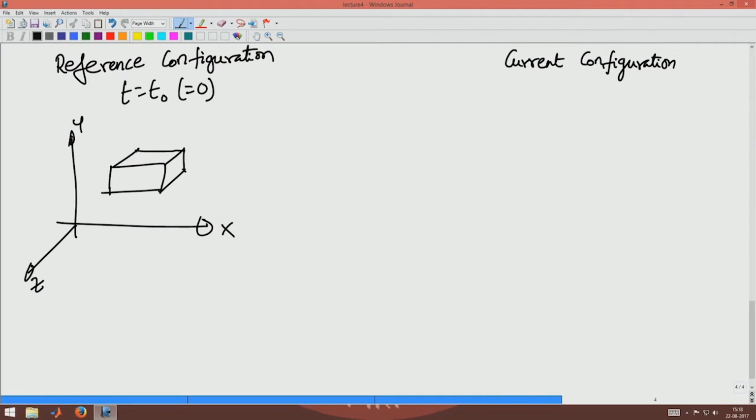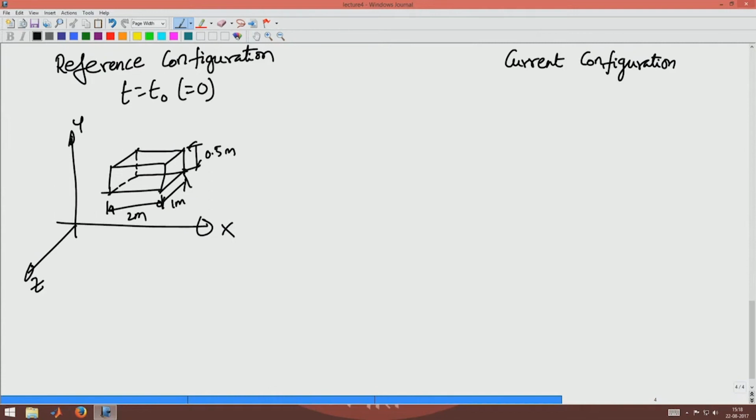I applied no load, but I measured the lengths. This length may be 2 meters, this length may be 0.5 meters and this length may be 1 meter. So, I found all the dimensions of the body. So, I mapped each point in the body to some point in this xyz space.